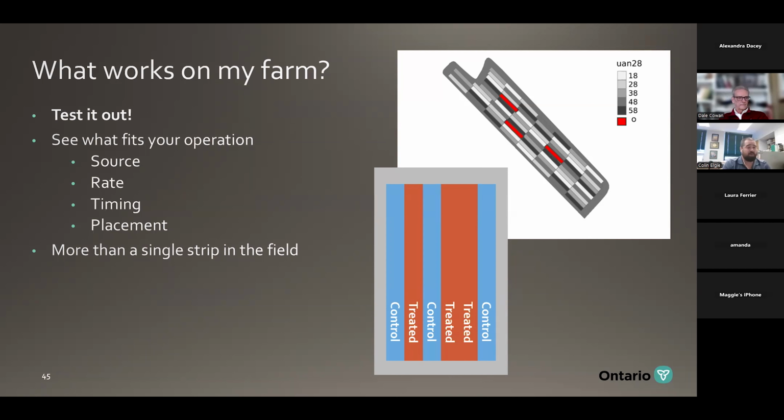So it's important that when we are testing something, we look at more than a single strip in the field. We want to have some kind of replication so we can see whether it's just the natural variability in the soil that's causing a difference, or if there's actually something to the response.